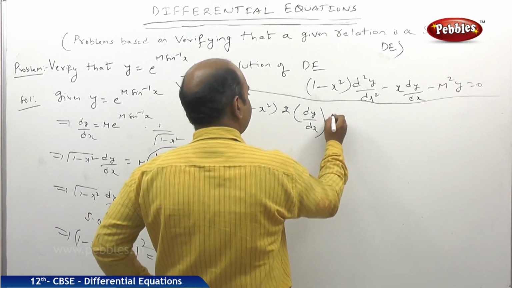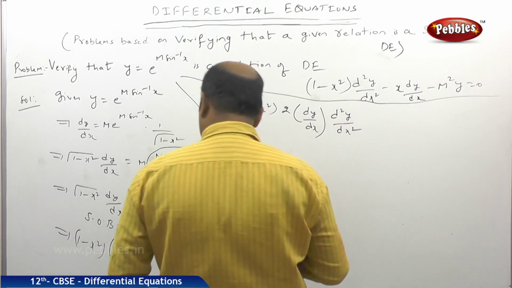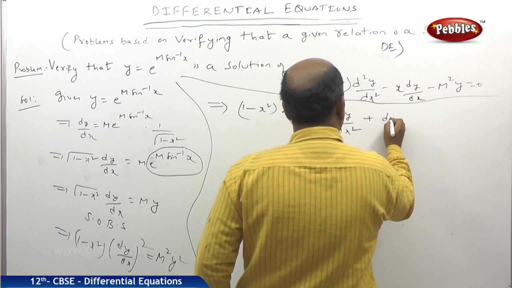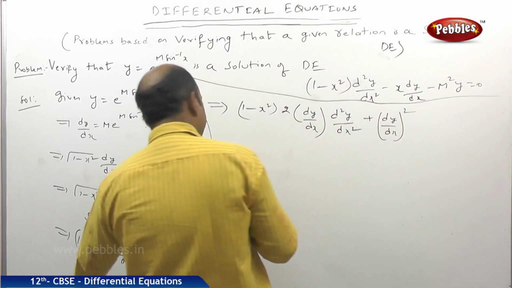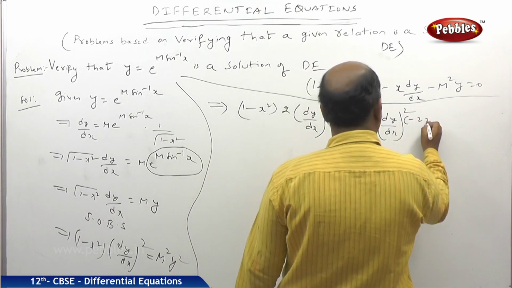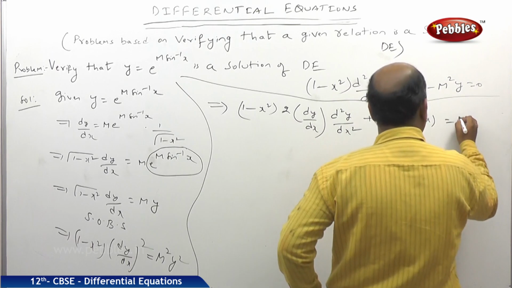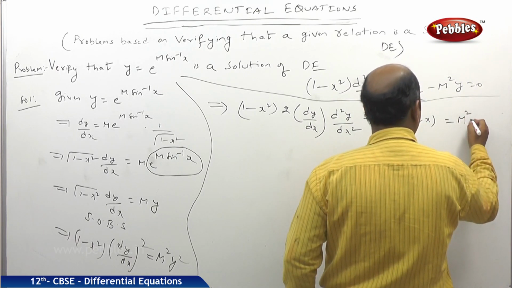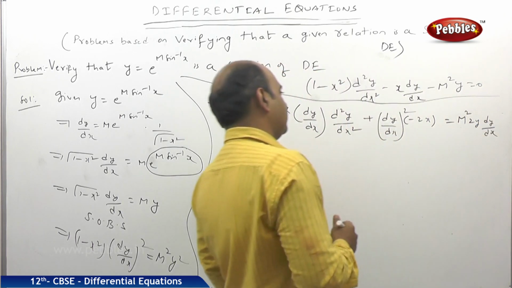So dy by dx's derivative will become d square y by dx square plus dy by dx whole square, and 1 minus x square's derivative is minus 2x, is equal to m square y square. M square y square means m square 2y into dy by dx.